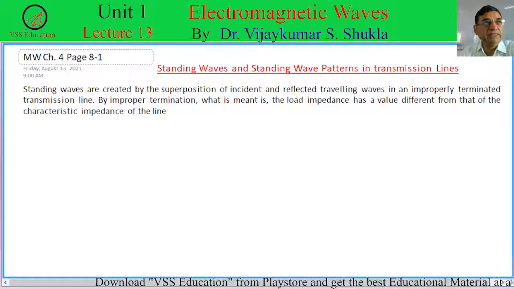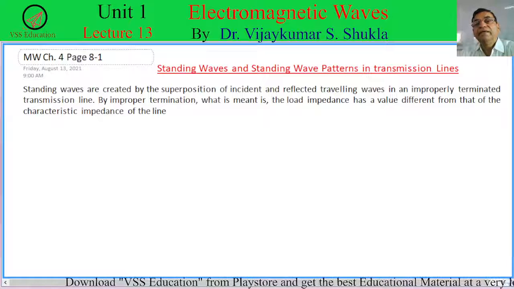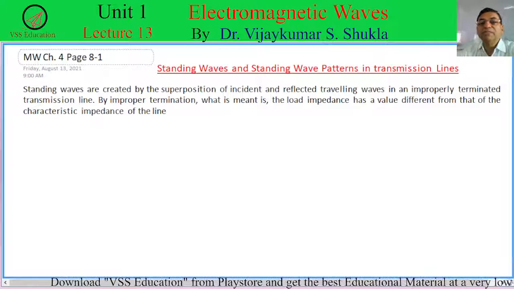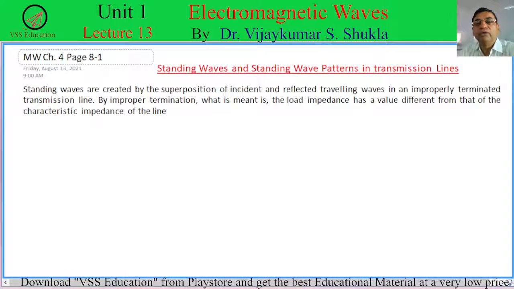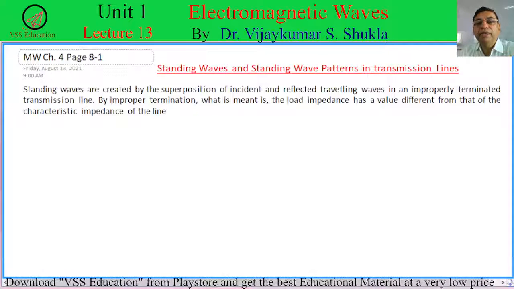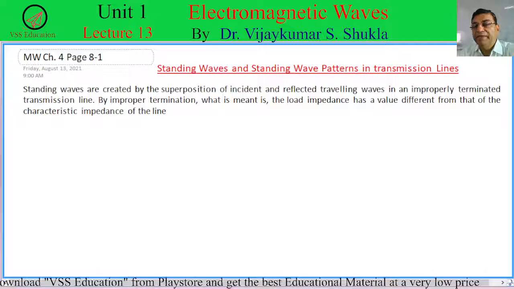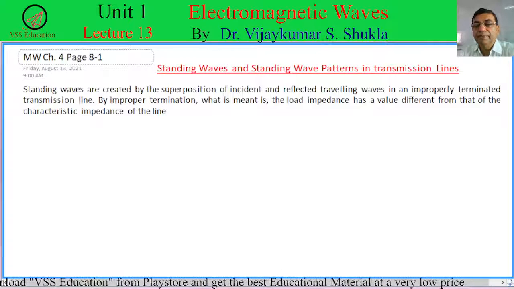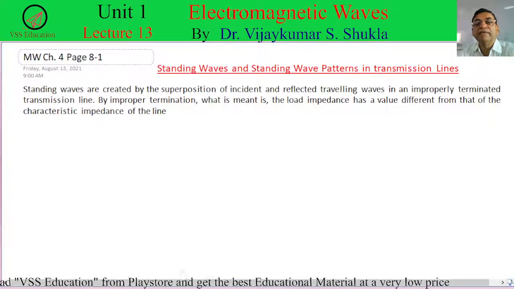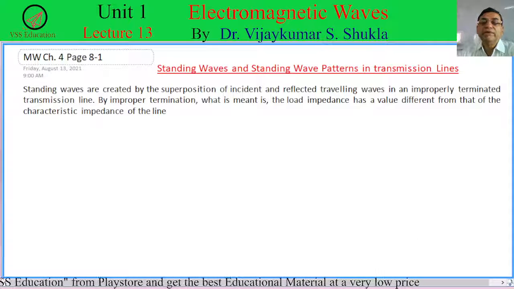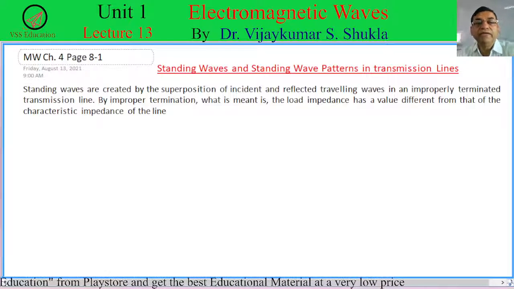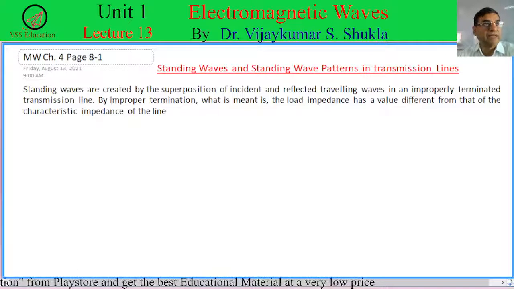हमने आपको बताया था कि जब वेव ट्रेवल करती है along the transmission line, और यदि मान लीजिए वहां पर चाहे ओपन सर्किट हो, चाहे क्लोज सर्किट हो, और चाहे आपका लोड लगा हुआ हो, there will be a reflection, and that will depend upon the impedance which is present there. Well, right. So we get these reflected waves in an improperly terminated transmission line.